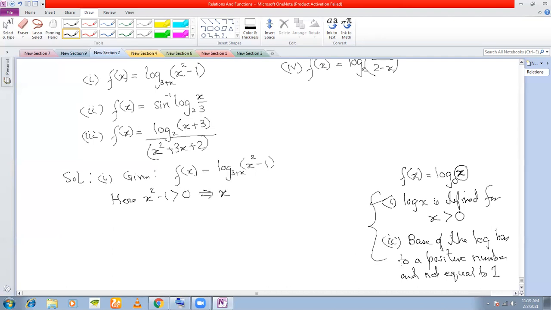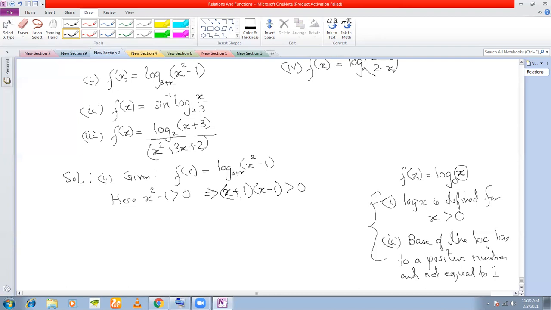That means x square must be greater than 1. Now, what is the solution of this inequality? We can work from here also. x square minus 1 is greater than 0. That means x plus 1 into x minus 1 is greater than 0.